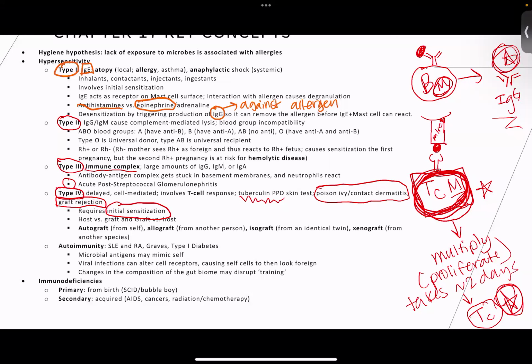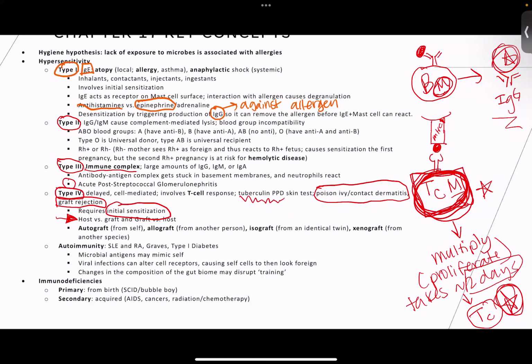It still takes it a couple of days to respond, but it's faster than the initial response, which took 1 to 2 weeks typically. This is what drives our graft rejection in our transplants. And this could be either you get somebody's kidney put into your body and your body rejects the kidney.